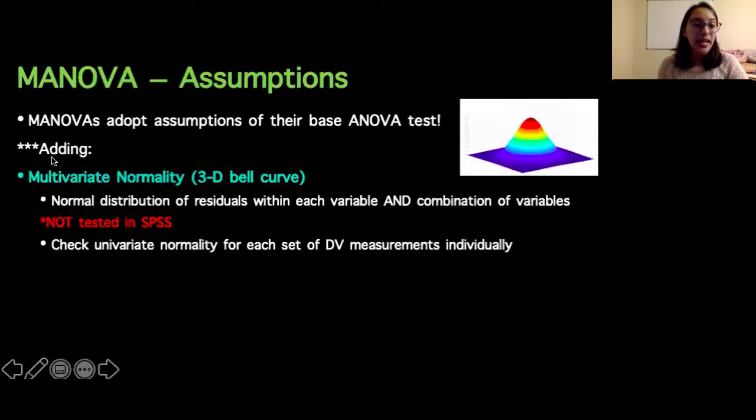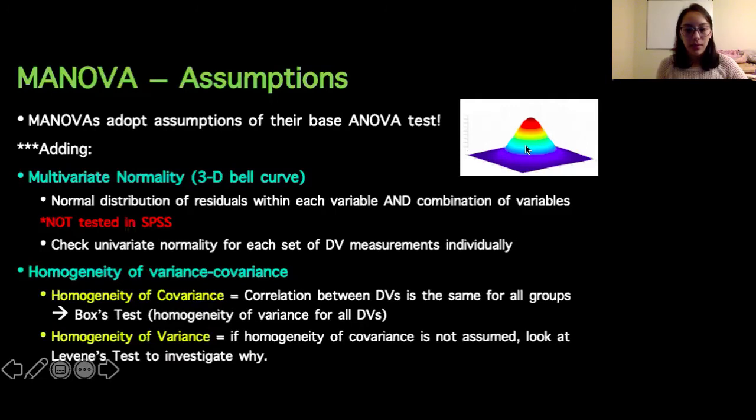And then we just add multivariate normality, which regularly we look at as a two-dimensional bell curve. This is very complex, but in a MANOVA, we look at a three-dimensional bell curve where we take all of the different dependent variable measurements and put them into this crazy thing. This isn't tested in SPSS. So typically in previous semesters, I just told the students to check the univariate normality for each dependent variable, where we take the skewness of the sample divided by its standard error, or the same thing for kurtosis.